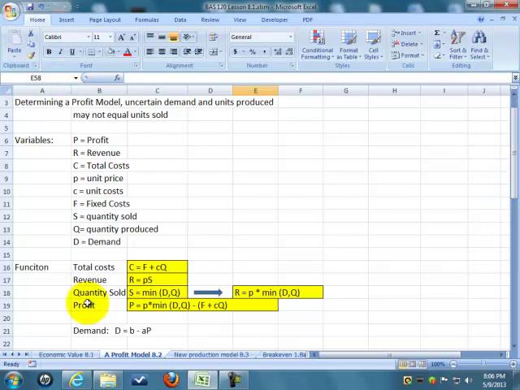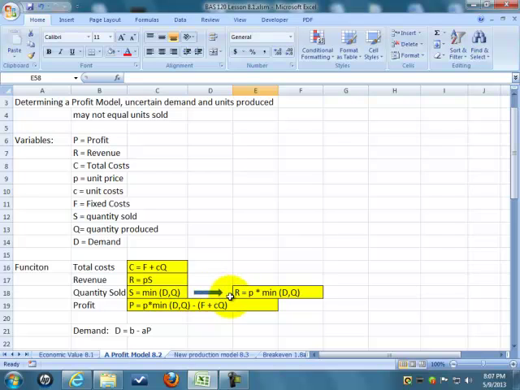So the quantity sold would be the minimum of whatever my quantity demand is or the quantity I produce. There might be lots of demand, but if I didn't produce any to sell, I can only sell up to what I produced. So my quantity sold is going to be the smaller or the minimum of quantity demand compared to the quantity I produced.